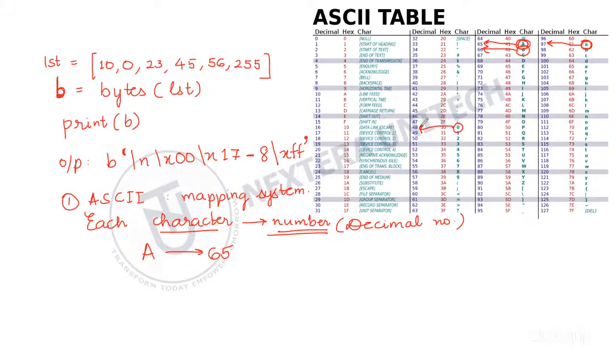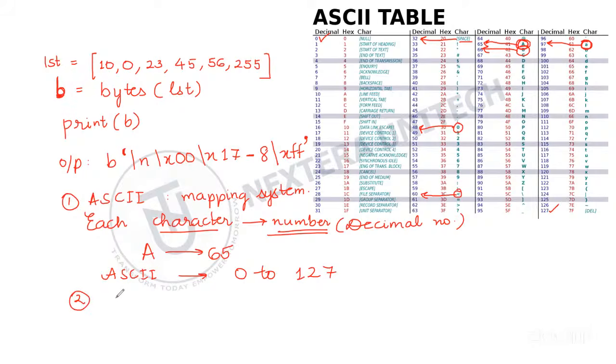So 0 is mapped to 48, the space value is mapped to 32, and the less than symbol is mapped to 60. In this way, each character is mapped to a number. So it is nothing complicated, just mapping. ASCII values are from 0 to 127. It starts from 0 and ends at 127.